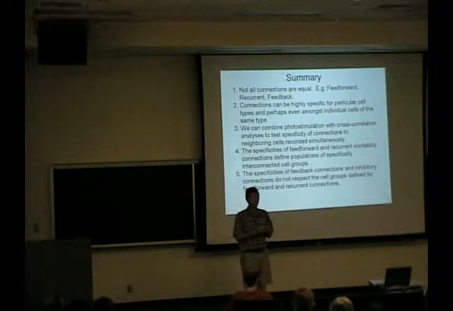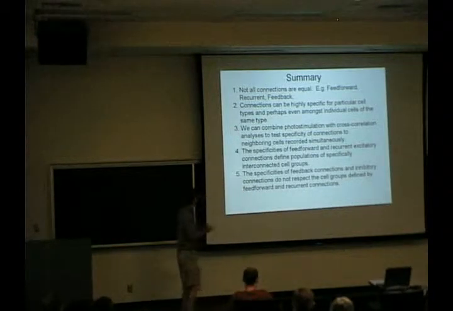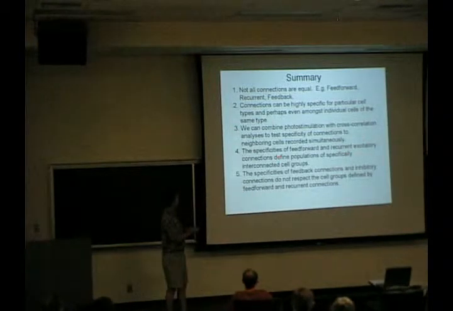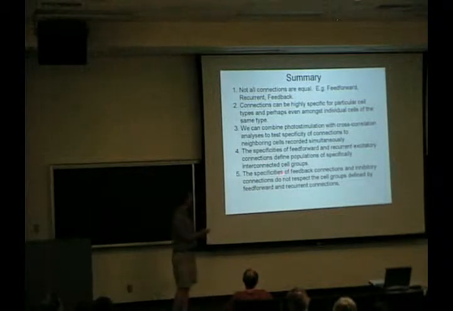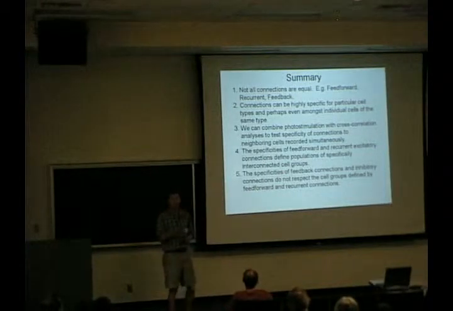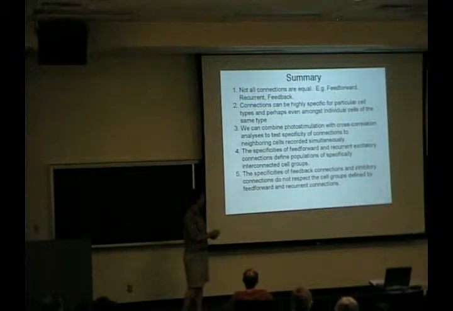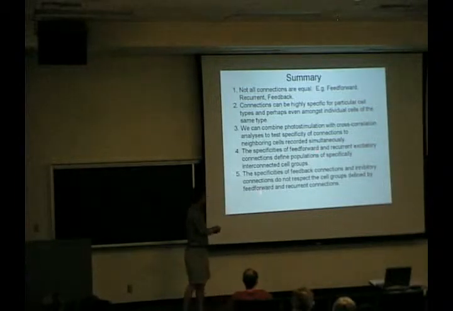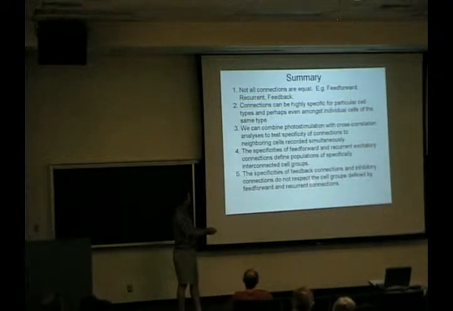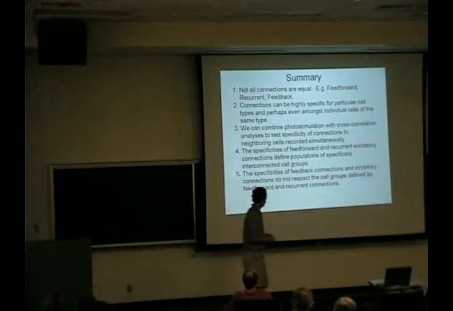So I'm going to show you data that says that certain kinds of connections, feed-forward and recurrent connections, define populations of neurons that are specifically interconnected to each other. But the feedback connections and inhibitory connections don't follow those same rules and have different specificity. They're not specific. They don't respect the groups as defined by these feed-forward and recurrent connections.